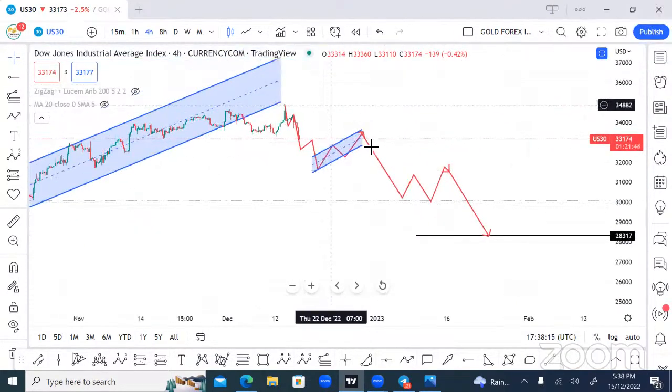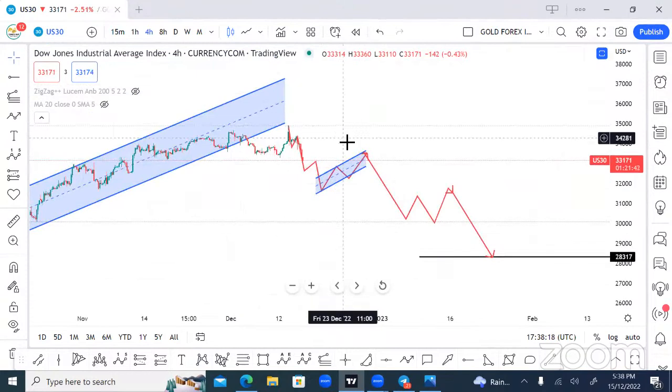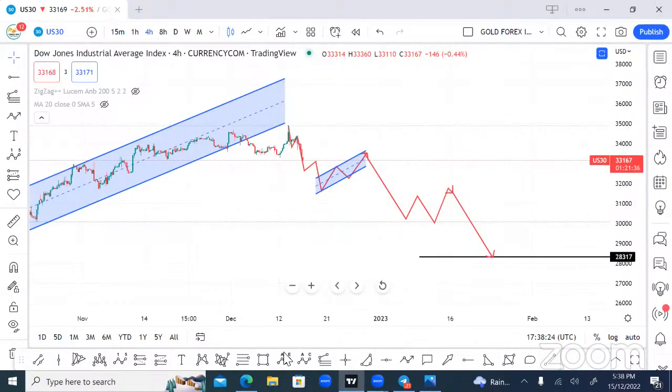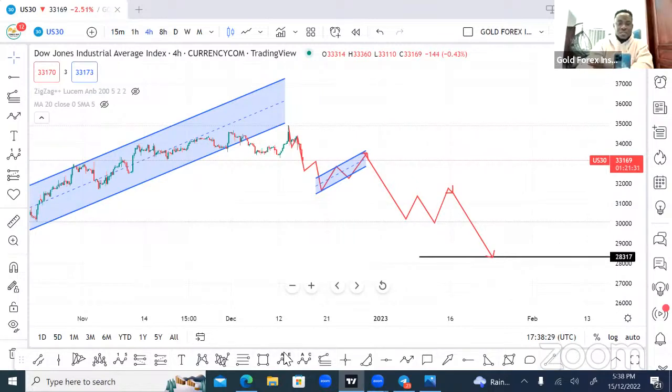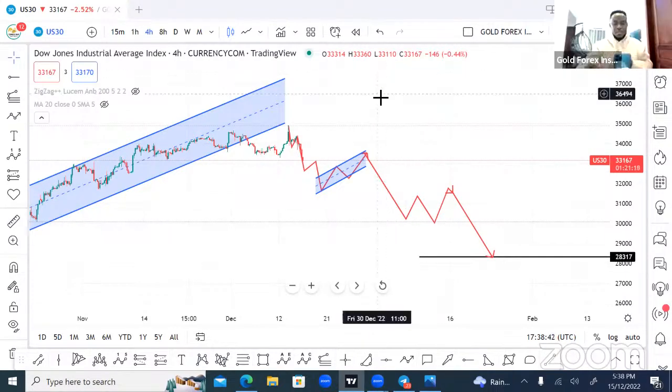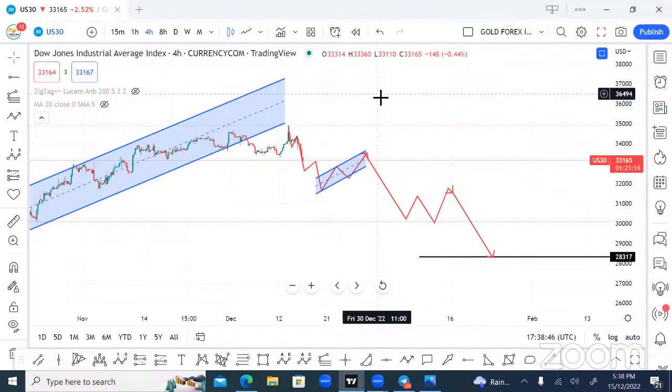I don't know if you can allow me to share my screen for the US 30. Yeah, share it. You've disabled the share. Let me see. Yeah, you can now share.